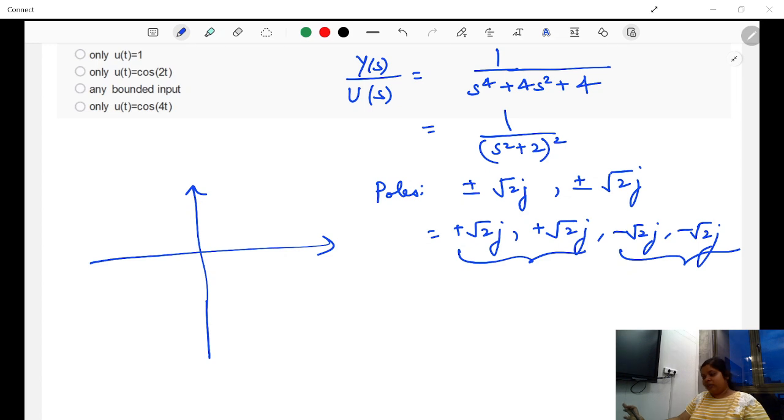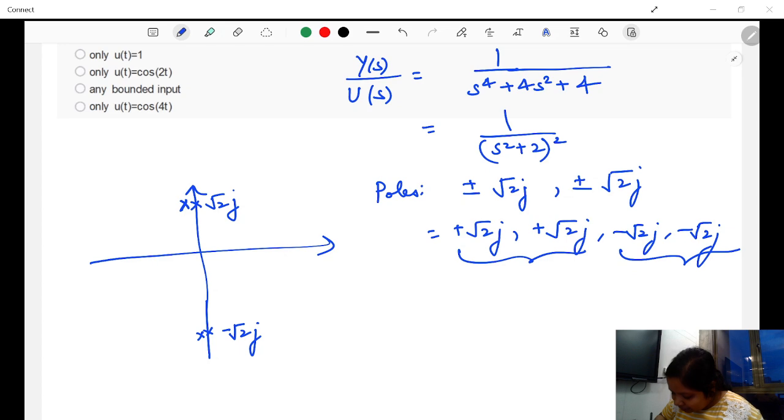One is at root 2j, and the second pole is also here, at the same point, root 2j. Two poles are here, and two poles at minus root 2j.